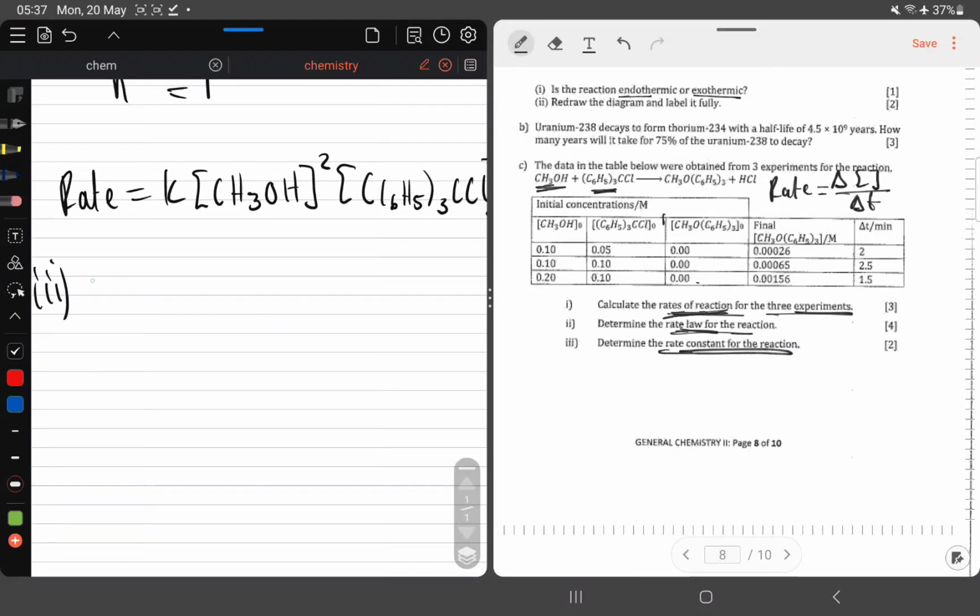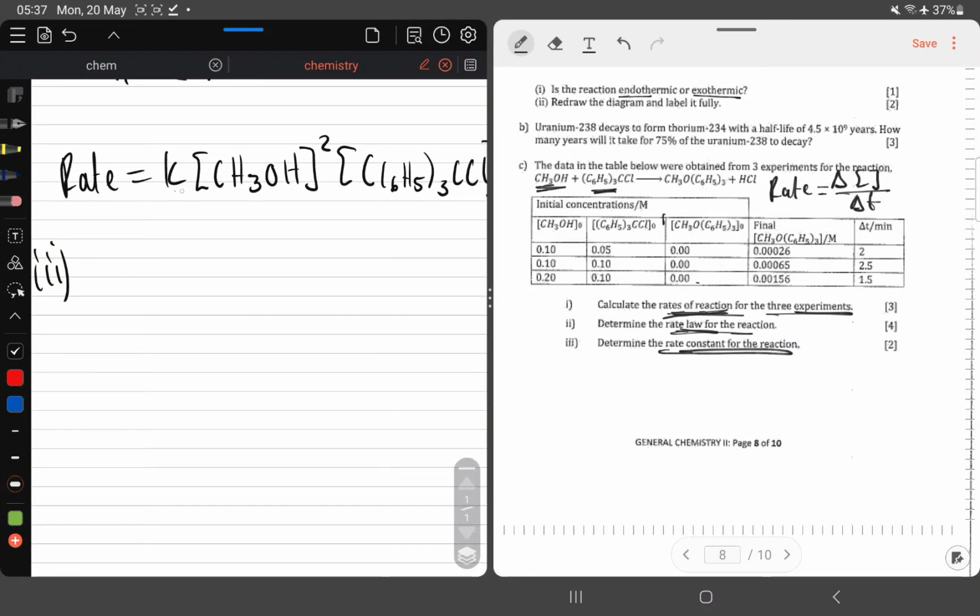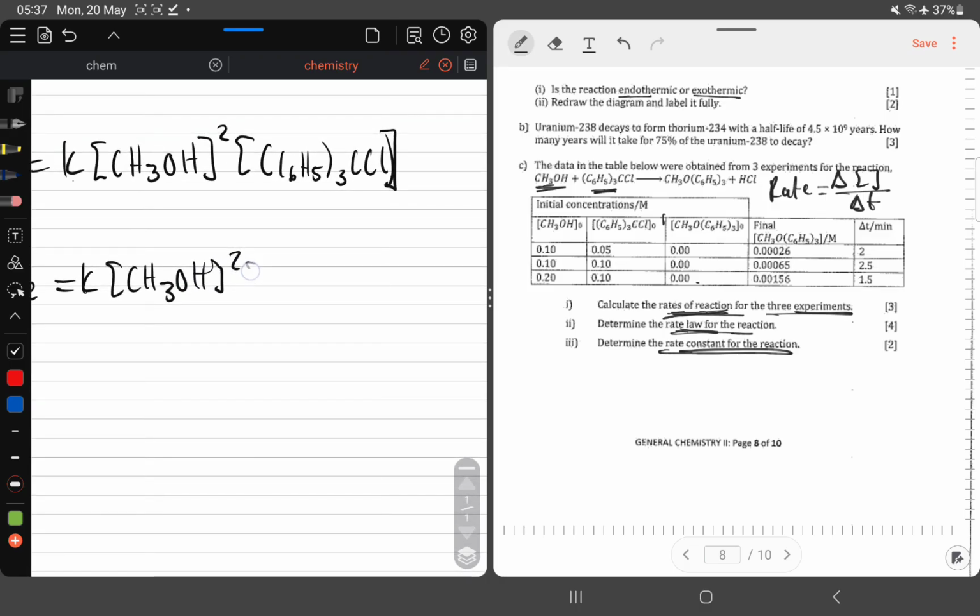So the rate constant we'll call K. We'll take these to the other side. So rate is equal to K multiplying CH3OH squared multiplying C6H5 cubed CCl.